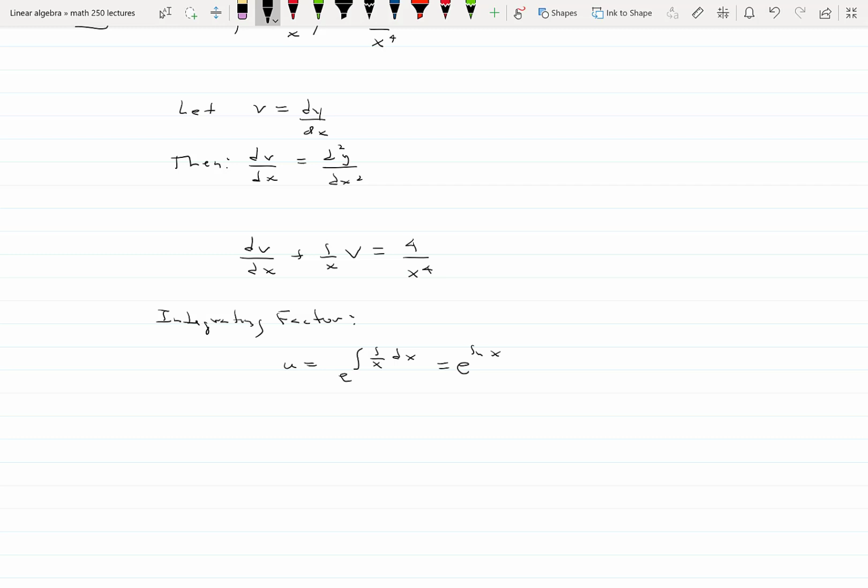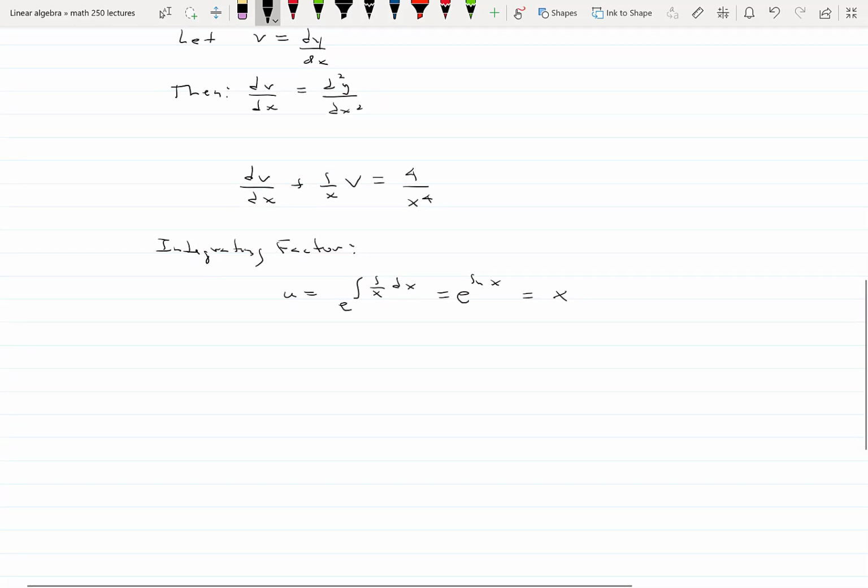Remember, we leave off the absolute values, and that gives us x. Okay, so that transforms the left-hand side of the differential equation. The whole idea was to collapse that left side into the integrating factor times the dependent variable, in this case v instead of y, and multiplying the right-hand side by the integrating factor, we get 4 over x cubed.